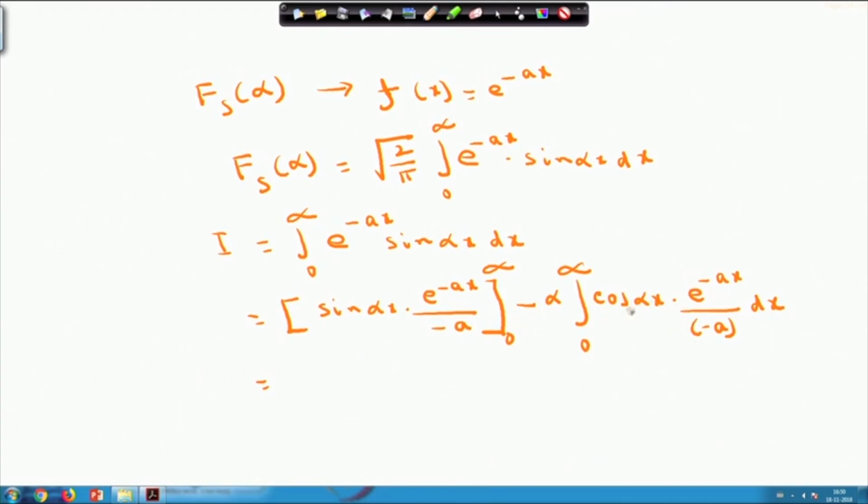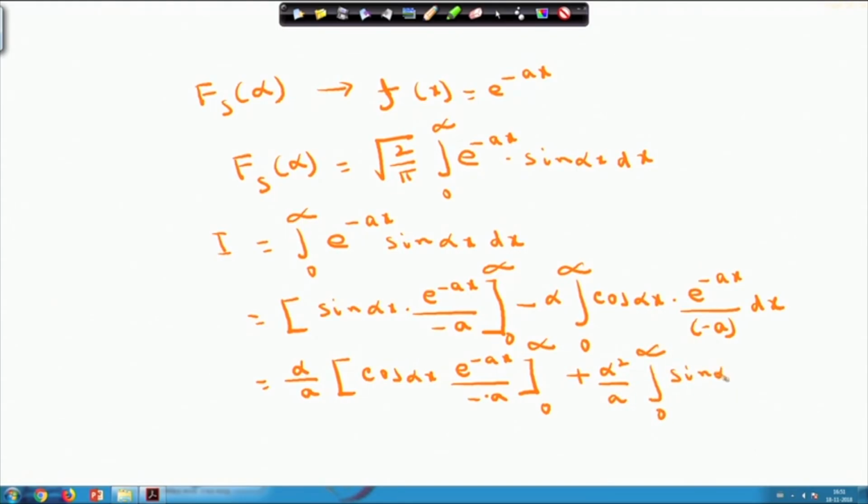Again for the second term we will use integration by parts, and you will obtain alpha by a into cos alpha x into e power minus a x by minus a from 0 to infinity, plus alpha square by a times the integral from 0 to infinity of sin alpha x into e power minus a x by minus a dx.